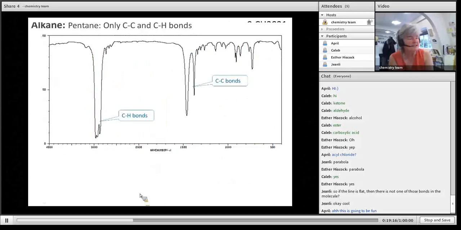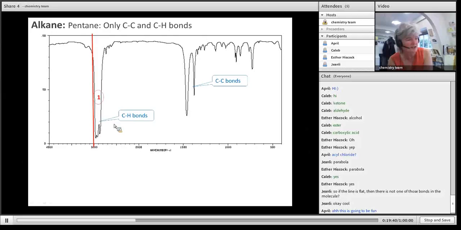So here's an example of pentane. So pentane has only got carbon and hydrogen. So we don't expect to see anything down here, and we don't expect to see anything over here in terms of the double bonds. Okay, so following our pattern, remember, go on the 3000, look just a little bit downfield. Downfield is what you use with NMR spectra.